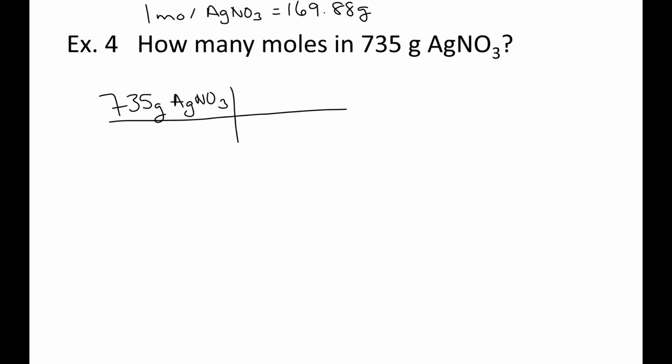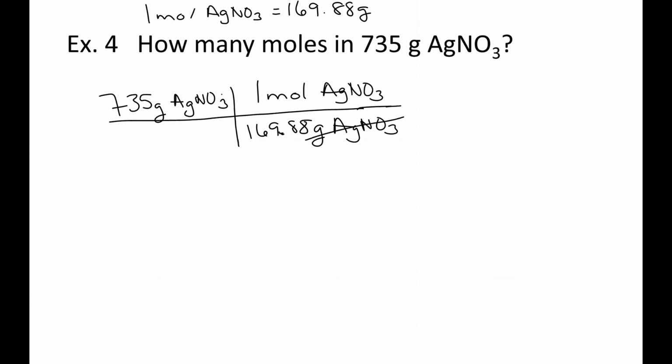Because it's division, I'm going to put my 169.88 grams of AgNO3 on bottom with my 1 mole of AgNO3 on top. Grams of AgNO3 cancel, and I'm going to skip the middle step. I think you guys know it by now. So you're going to take 735 divided by 169.88, and you get 4.33 moles of AgNO3.